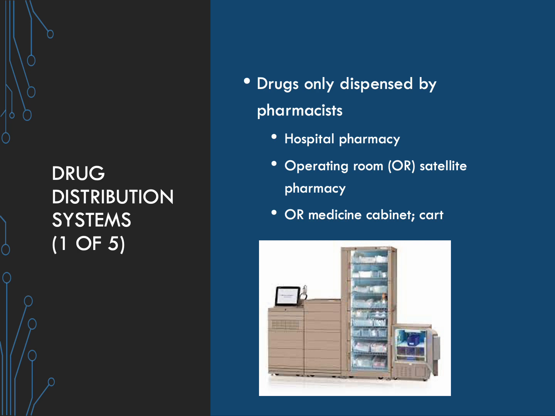Now, larger hospitals may have a satellite pharmacy within the surgical department, but smaller facilities may have a medication room or cabinet where they store frequently used medications. Other facilities may utilize mobile cart systems that are exchanged or need to be restocked at certain times of the day. A crash cart that's used during cardiac arrest is an example of this type of system.